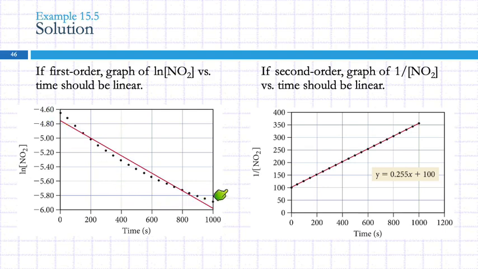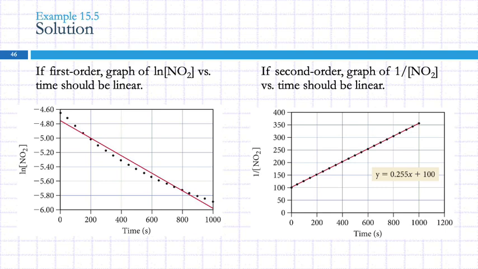This is a curve, okay? It is not linear. So if we graph 1 over the concentration versus time, here's our data, and we do get a nice straight line. So this is how we can show that it's second order and not first order. The second order graph is much more linear than the first order graph. Any questions?